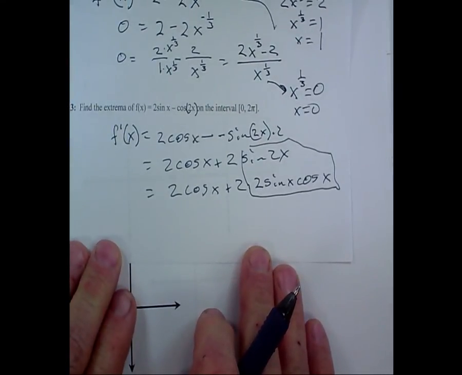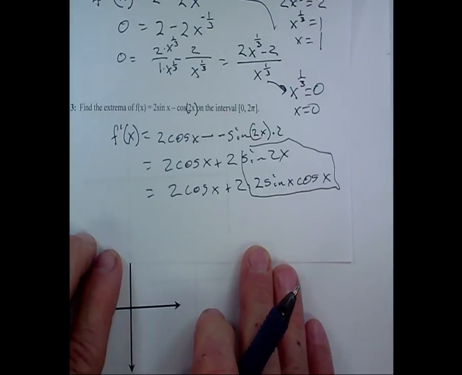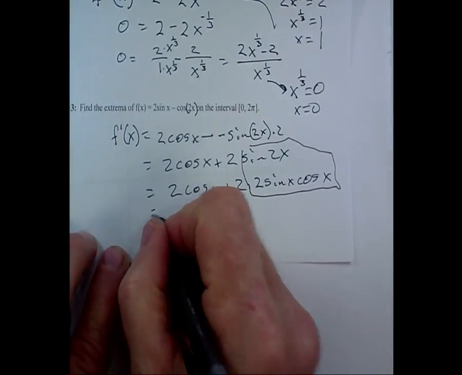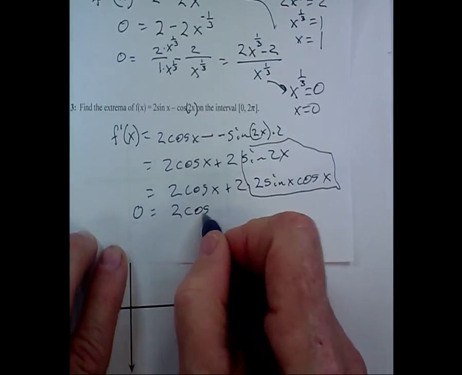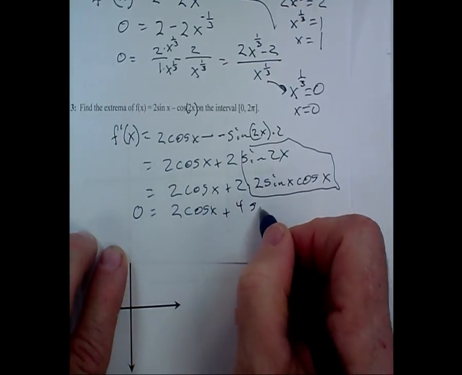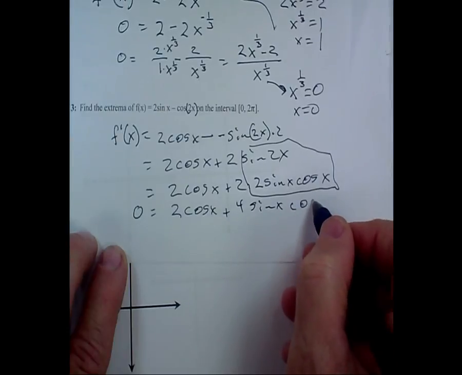There's two that you need to know. That cosine squared x plus sine squared x equals 1, and that the sine of 2x is 2 sine x cosine x. Just those two. So now that gives me, I'm going to make that equal to 0. I got 2 cosine x plus 4 sine x cosine x.